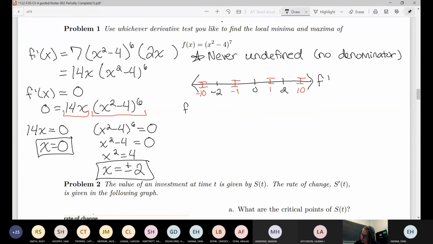So we need to take all of those test points and plug them into the derivative. I'm gonna regret it if I don't leave myself more space for my little lines that I like to put. So f prime of -10, f prime of -2, f prime of -1, f prime of 1, and f prime of 10, which is another reason why I like to do them in different colors, because I almost made the mistake of plugging in the wrong thing.